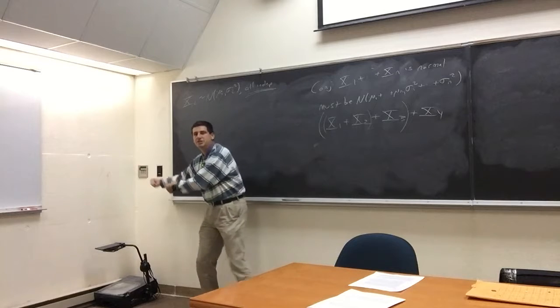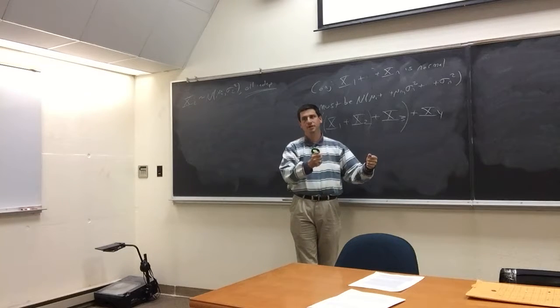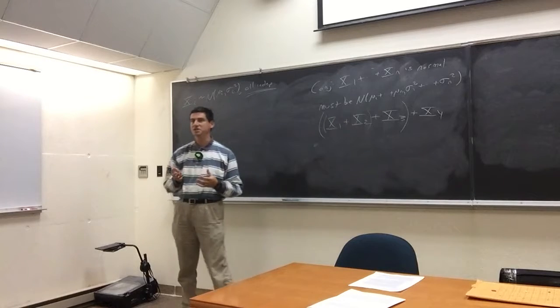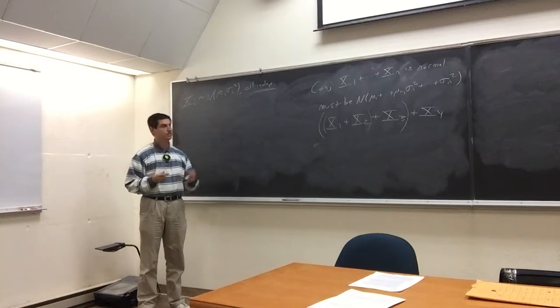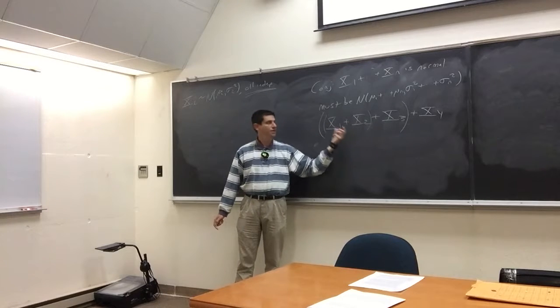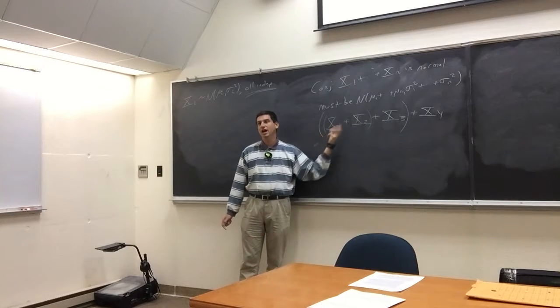Because all the means does is it just shifts everything. The standard deviations, that might be a little bit harder to justify. I can't take both standard deviations to be 1, because in fact, when I'm adding over here, I'm not going to get the same standard deviation coming out. These will not all have the same standard deviation. I don't want to do some kind of shift like that. But I can always shift them to have mean 0.